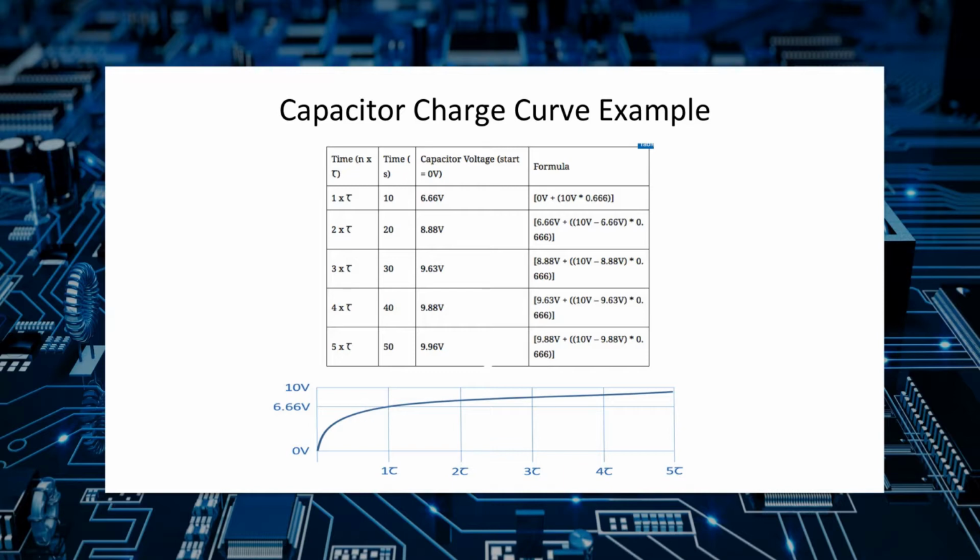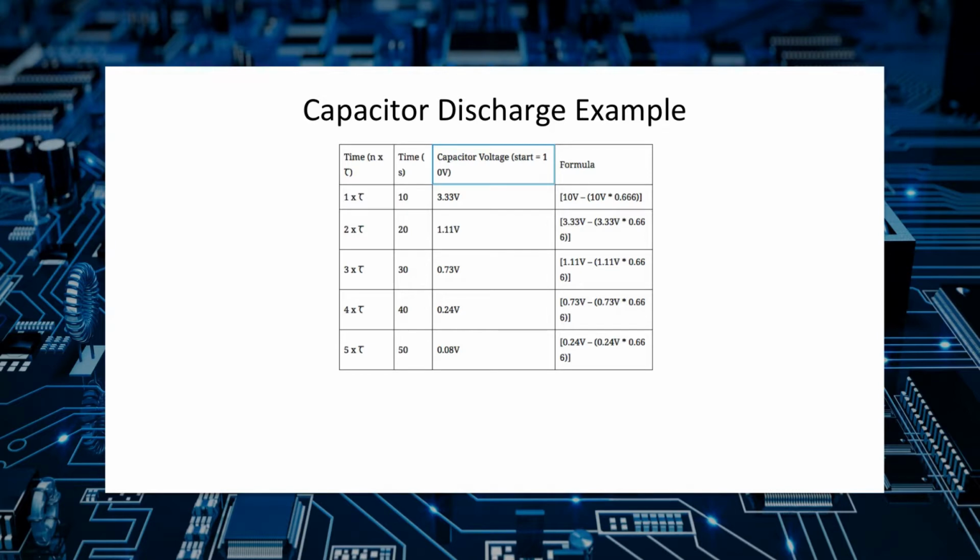So in the example here, where tau is 10 seconds, we define the capacitor to be fully charged at 5 times 10 seconds, or 50 seconds. A capacitor that's discharging works exactly the opposite. It discharges by 66.6%, 2/3, of its value each tau.